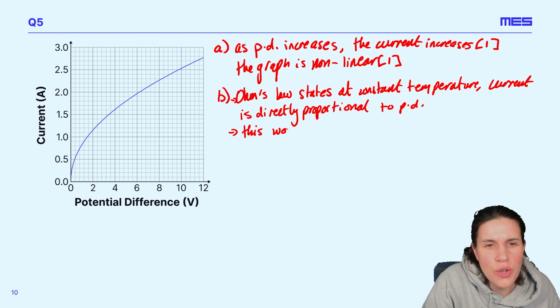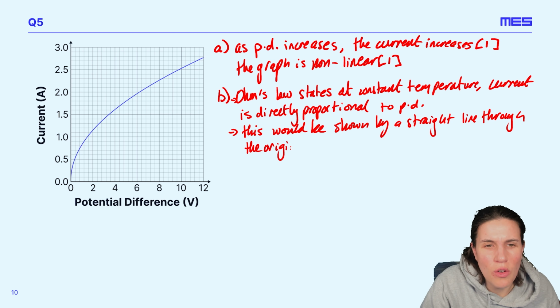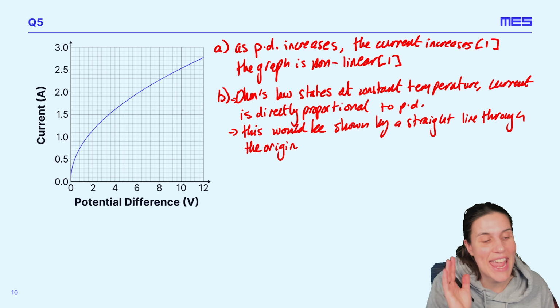This would be shown by a straight line through the origin. Okay, we don't have a straight line through the origin, so therefore this is going to be a non-ohmic conductor.